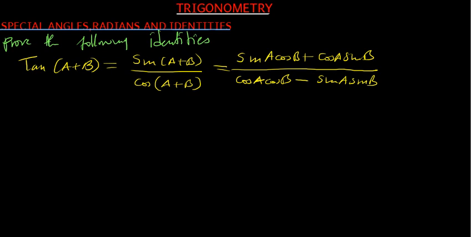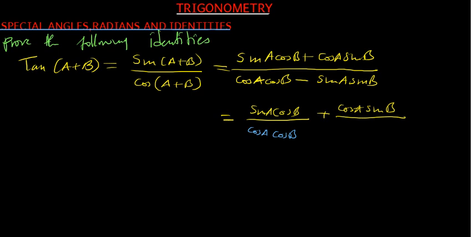Now our aim here is to make this to be a 1. And how do we make a 1 from that? The only way that we can get a 1 there is to divide it by itself. So we're going to divide everything by cos a cos b. So we're going to have sin a cos b divided by cos a cos b, and then we write the second portion, the cos a sin b.